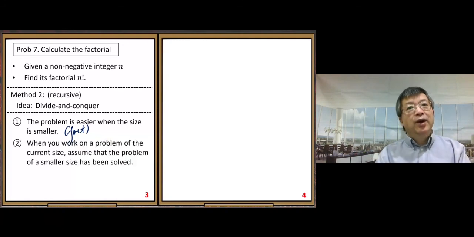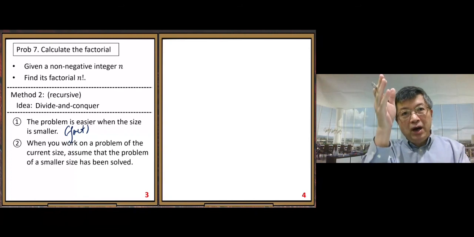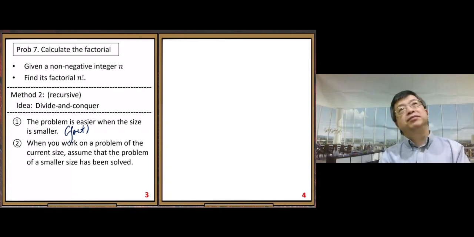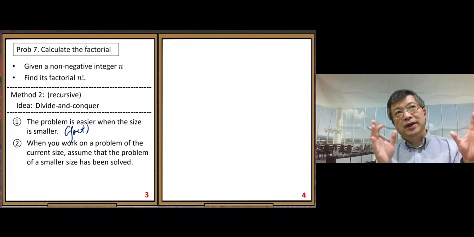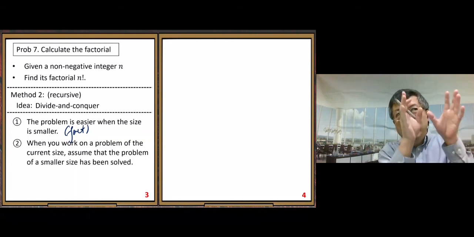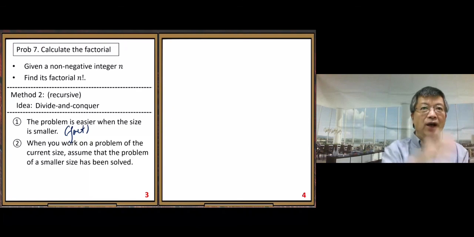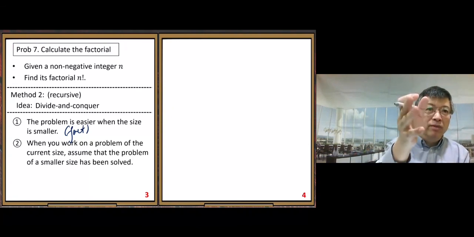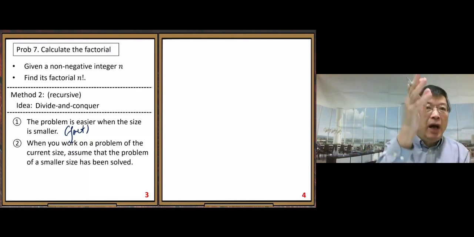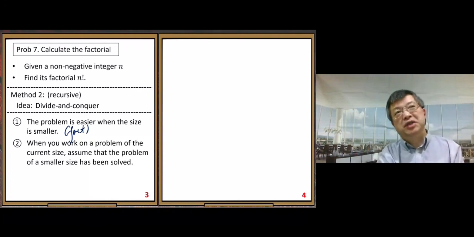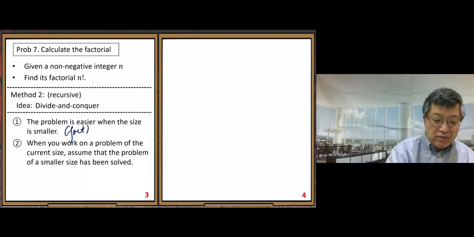Number two: when you work on a problem of the current size, whatever it is, assume that the problem of a smaller size has been solved. This is a big assumption.